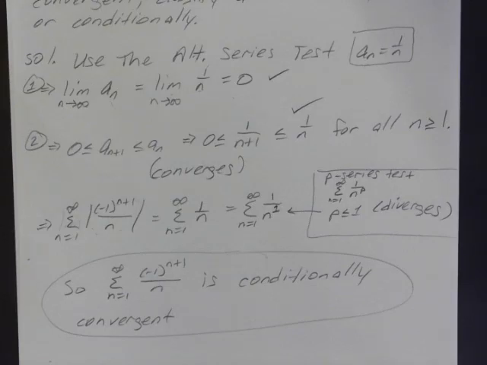But if the absolute value is divergent, then it converges conditionally. All right, anyone still writing?